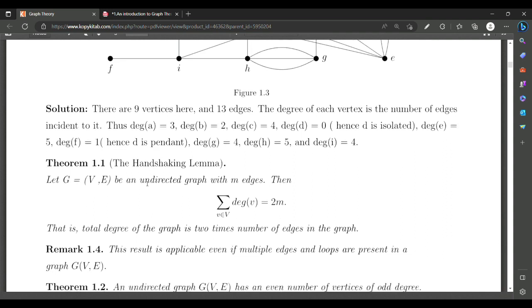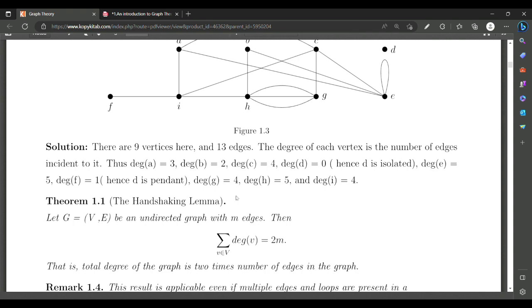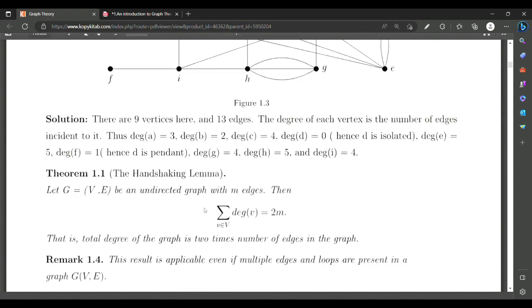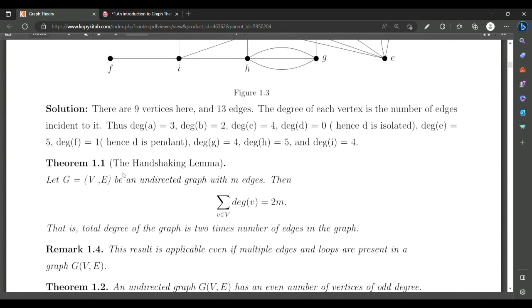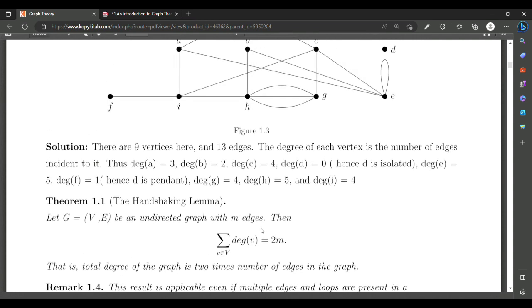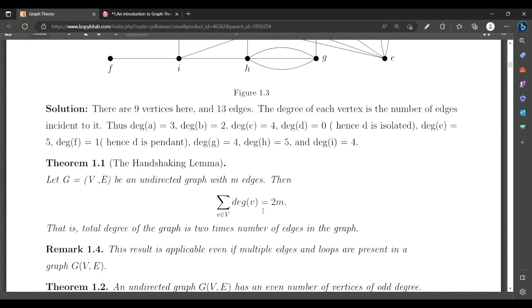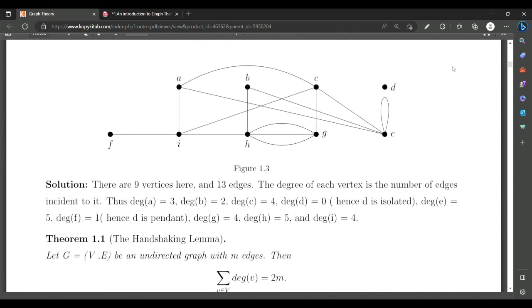Now theorem 1.1, the handshaking lemma. Let G = (V, E) be an undirected graph with m edges, then the sum of the degrees of the vertices is equal to 2m. Let us see here.